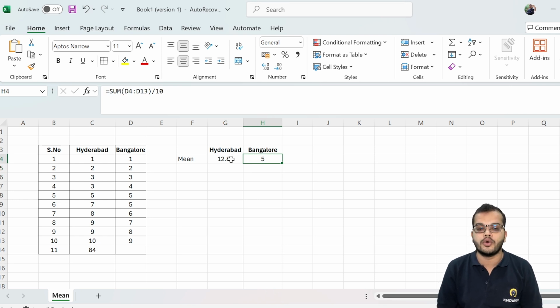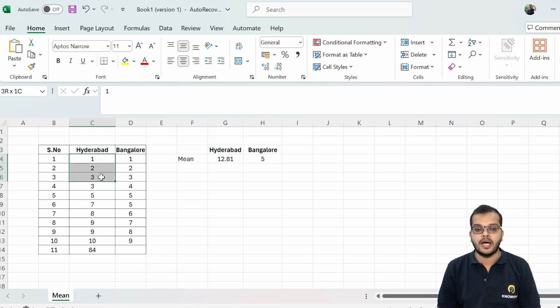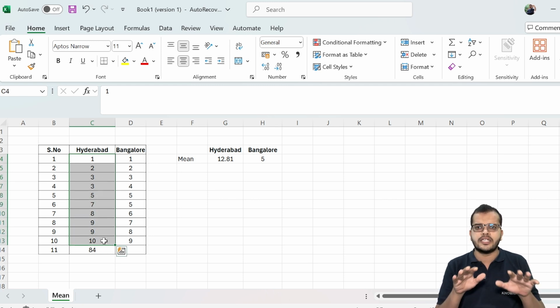Now if you carefully observe, the mean for Hyderabad is 12.81 and the mean for Bangalore is 5. The sales of vada pav from 1 to 10 are going along in a simple way.